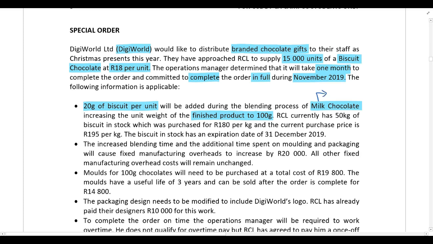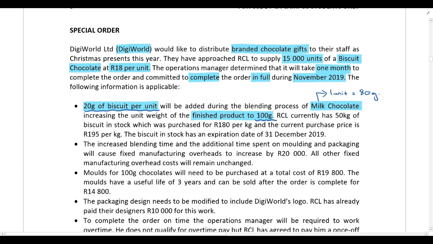So we already said previously that 1 unit is equal to 80 grams. So what they're going to do is they're going to take that milk chocolate, and during the blending process, they're just going to add 20 grams of biscuit for each unit, and that will obviously then increase the unit weight of the finished product to 100 grams. Okay, so obviously the 80 grams plus 20 grams.